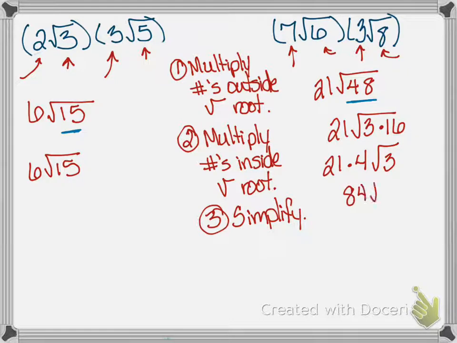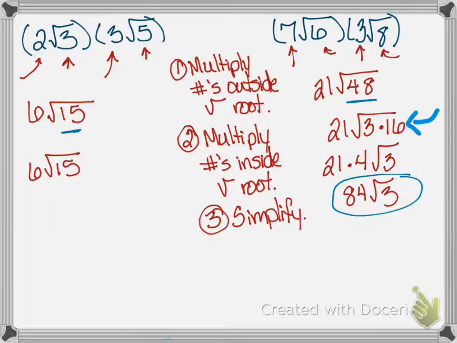Now, what do I do if I don't know that 48 breaks down to 3 times 16? Because a lot of people don't. A lot of people look at that 48 and they think the greatest perfect square is 4.